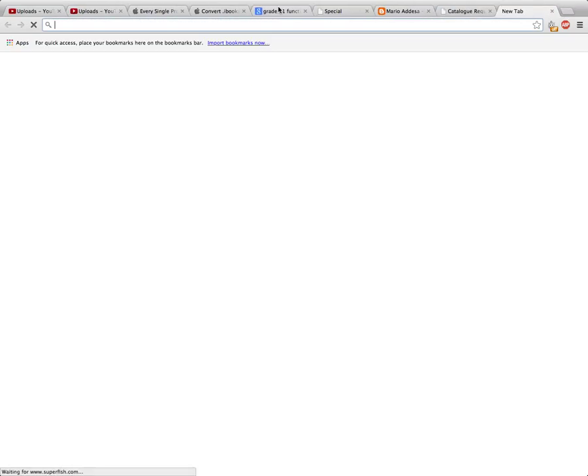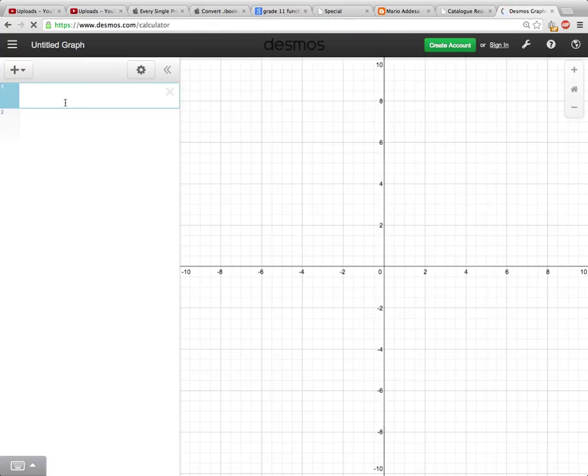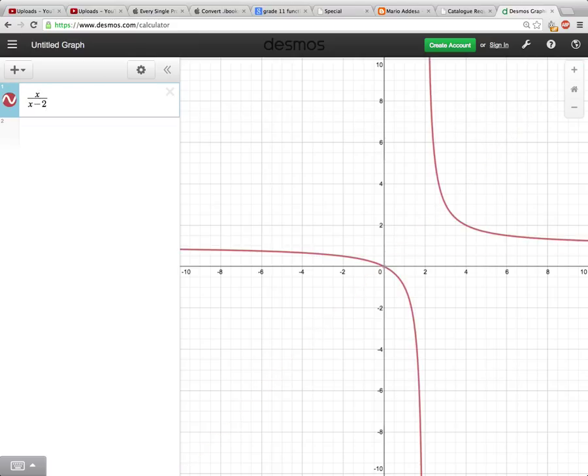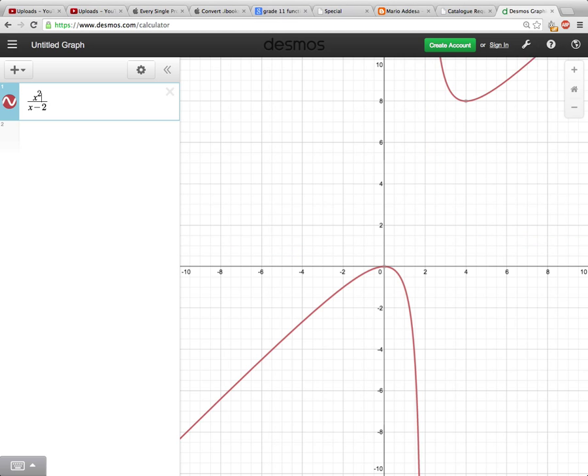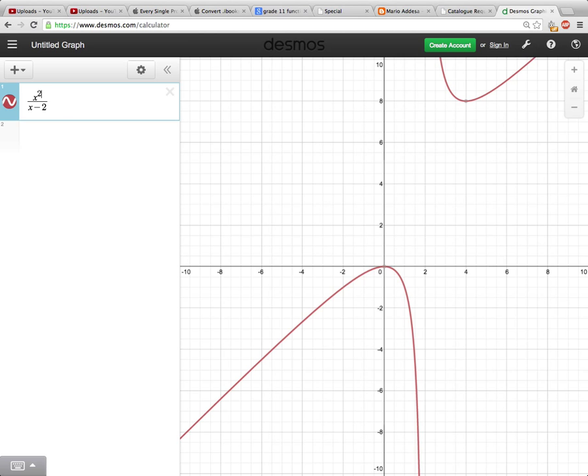Let's look up Desmos here, and our equation reads x divided by x minus 2, but it's x squared. Oh no, I lied. Sorry, it's in brackets.